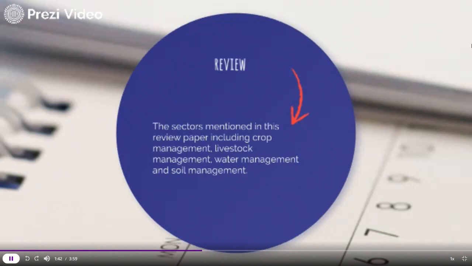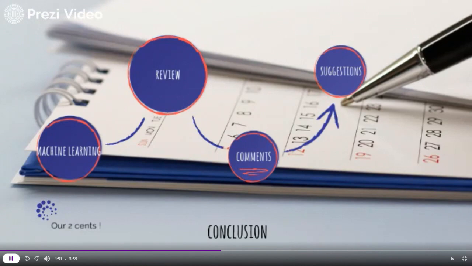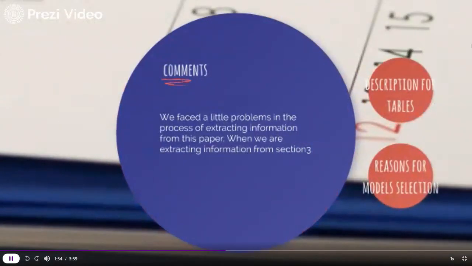The sectors mentioned in this review paper include crop management, livestock management, water management, and soil management. We faced little problems in the process of extracting information from this paper. When extracting information from section 3, we found that the tables in section 3 are a little bit confusing. We would be pleased if a description could be added to further describe the different models used in the particular management.